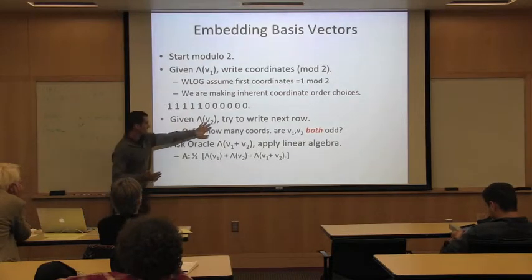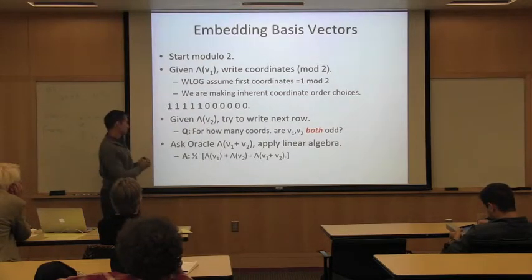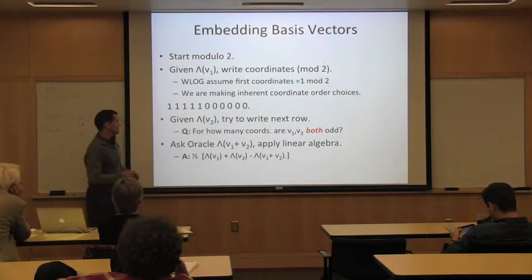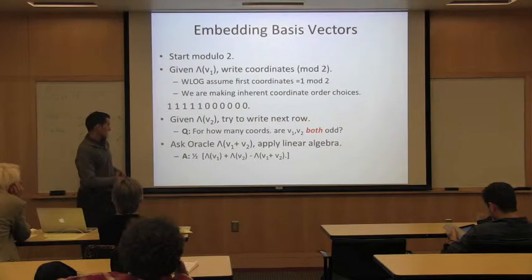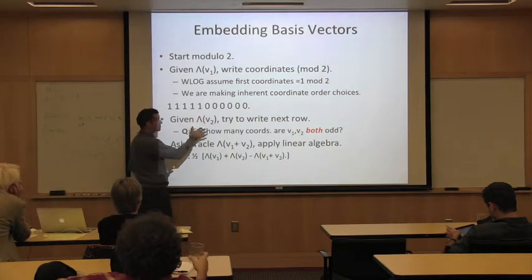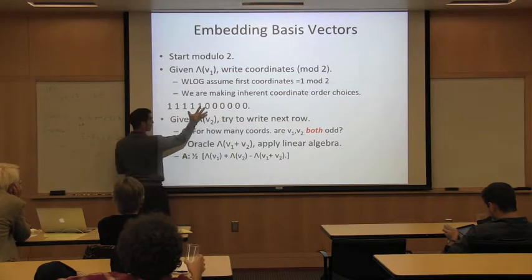Great, so now let's try to do it with the next vector. So let's say you can use our oracle to compute the number of ones in V2, mod 2. And you can try to write the next row down. But say there's 7 ones, should you put those 7 ones over here, or should you overlap them?